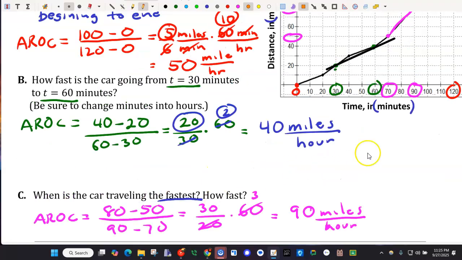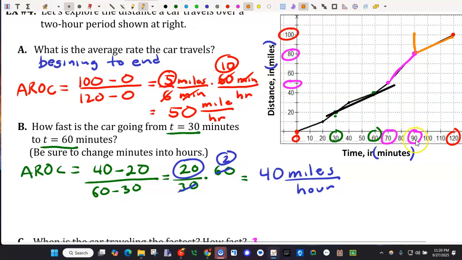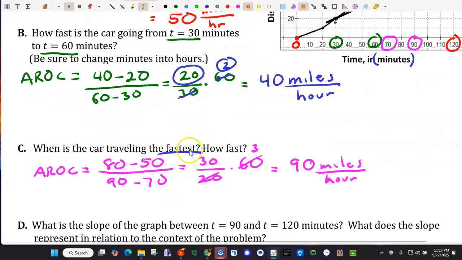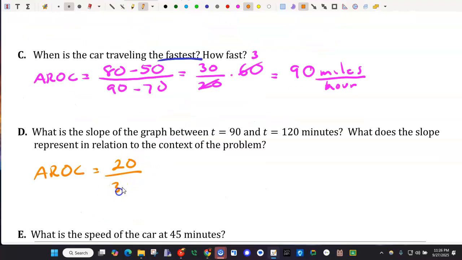And how many minutes was that over? From 90 to 120. How many minutes is that? That is 30 minutes. So this looks familiar. Multiply that by 60 once again, and we have 40 again, miles per hour.